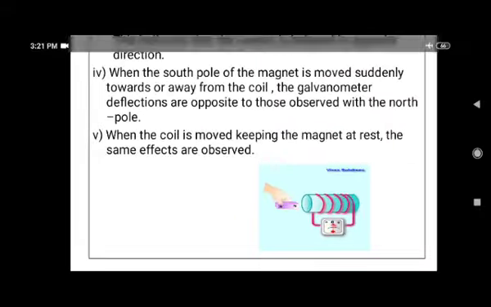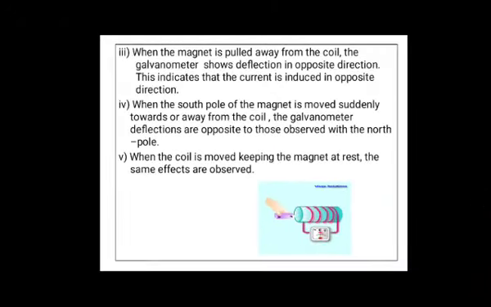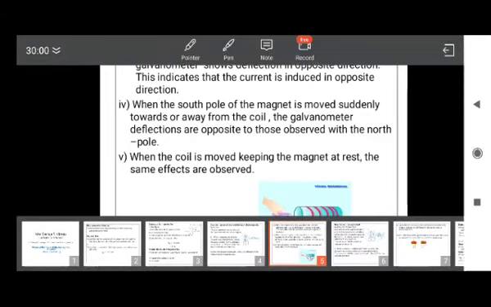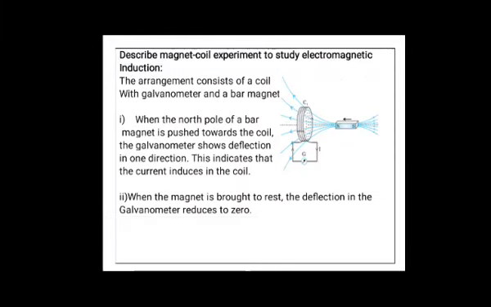So either the magnet should be moved or the coil should be moved to get the deflection in the galvanometer, or to get the induced current, there must be a change in magnetic flux. So when will magnetic flux change? See in this diagram, these lines represent magnetic field lines.